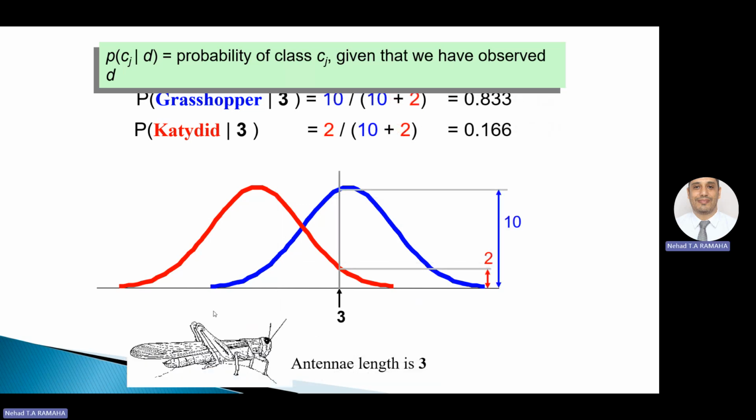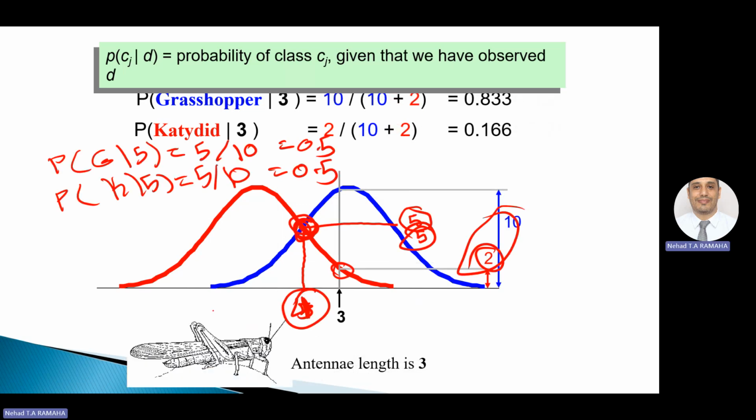Okay. You can't see it or what? She's saying 5 over 10, the total number of the grasshopper and the... 5 over 10. What's that? Before, G over 4 equals 5 over... Is it 4 or 5?